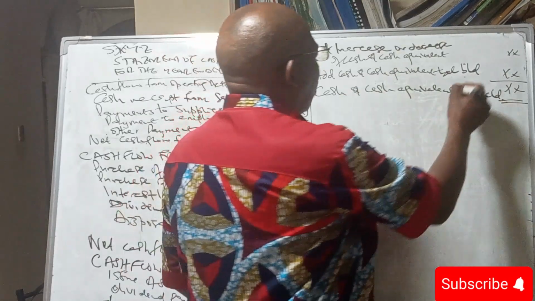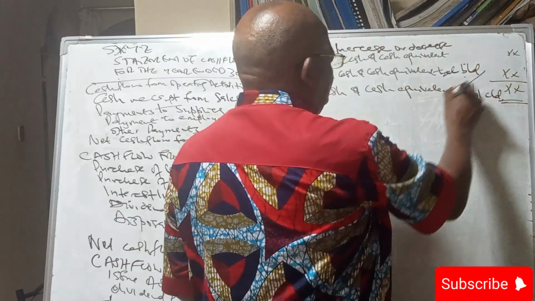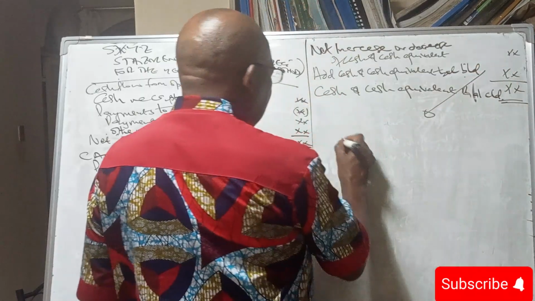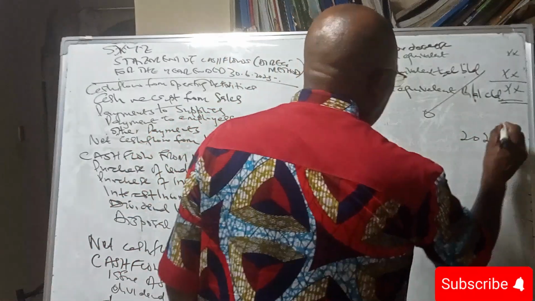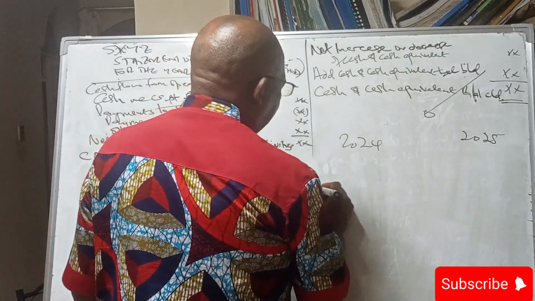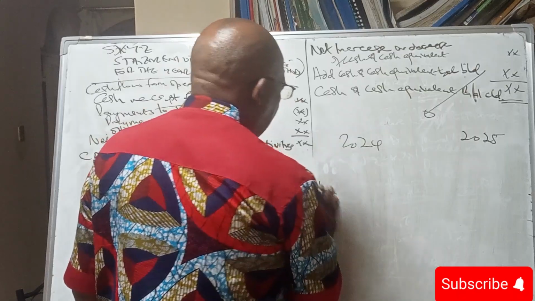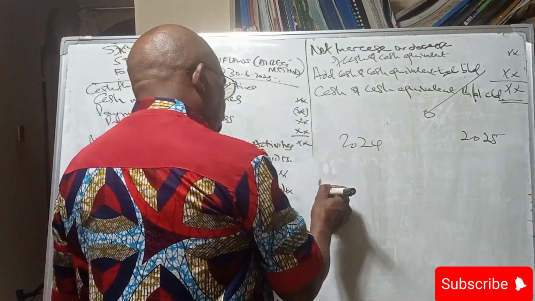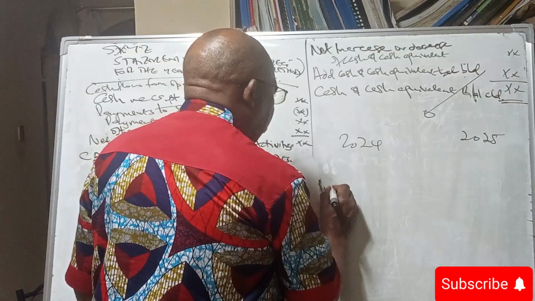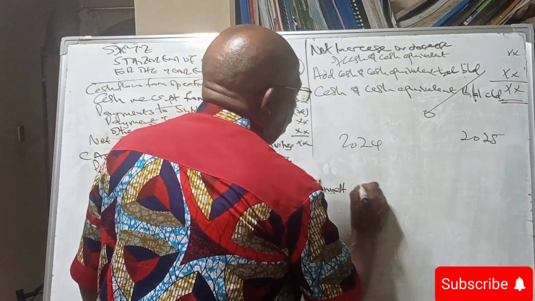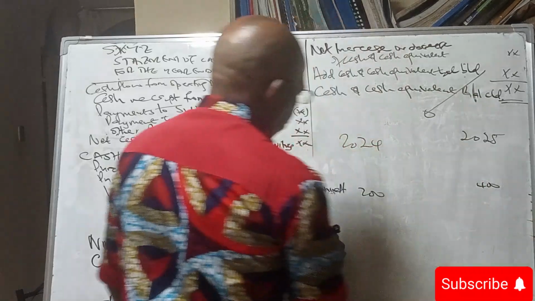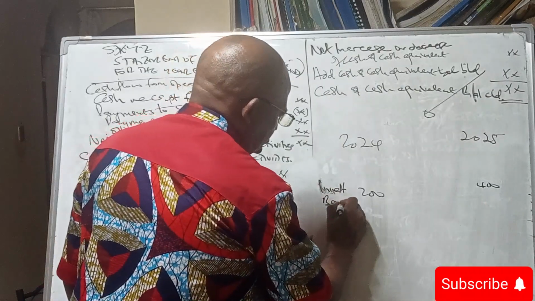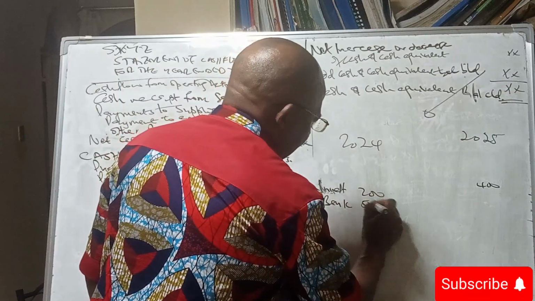Remember, these ones will be there in the balance sheet. We have the two balance sheets, 2024 and 2025. We have investment of 200, and here it is 400. We have bank of 500.